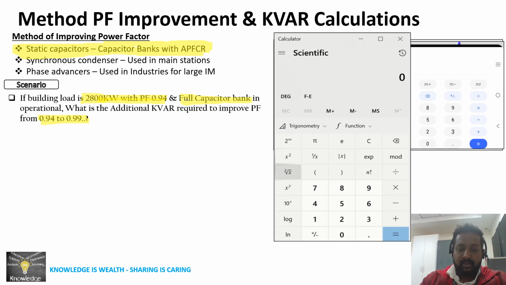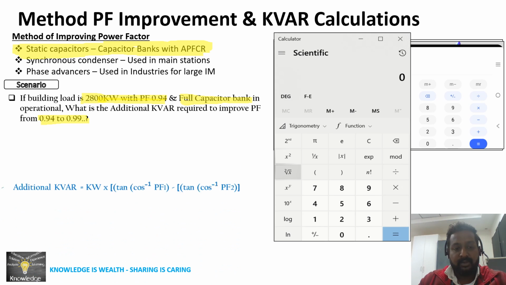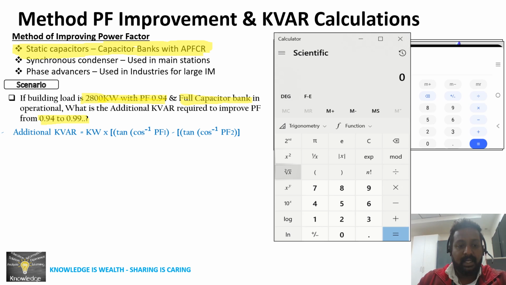There are two methods for calculation of the additional kVAR required. Let's discuss the first. Additional kVAR is equal to kilowatt into tan of cos inverse of power factor 1 minus tan of cos inverse of power factor 2.